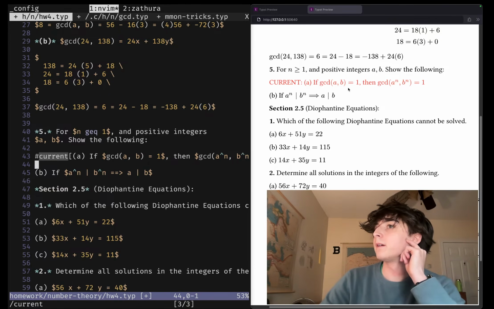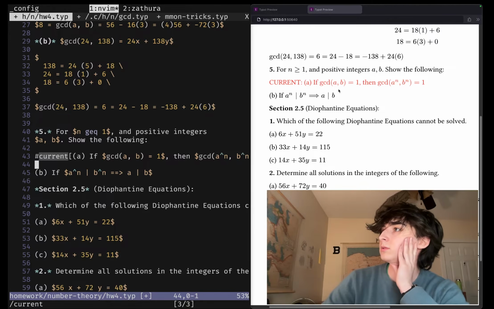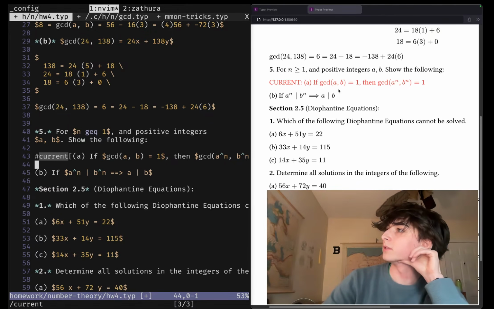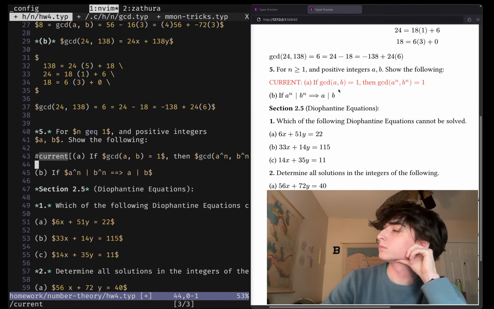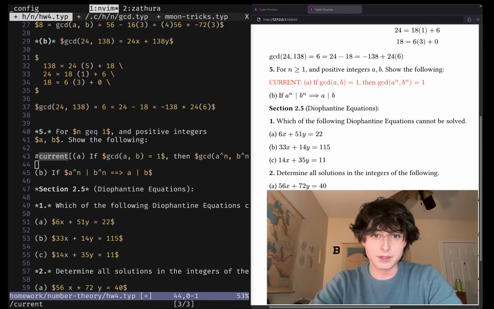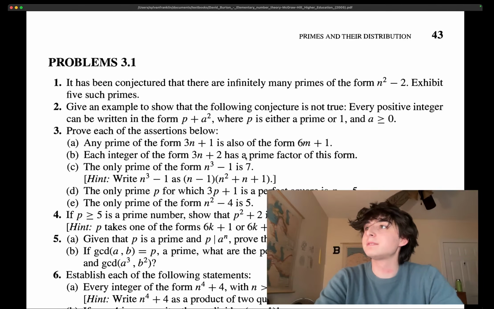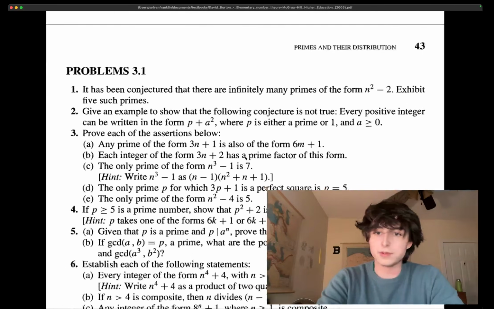Alrighty, so this is relying on the fact that the greatest common divisor of A and B is 1. And there's a fact we showed last time. I think it was 2.5 question 20.